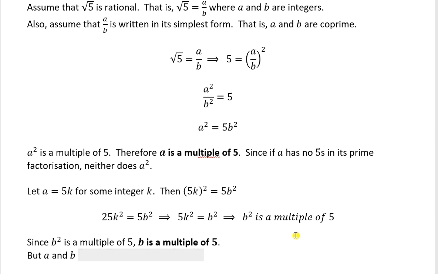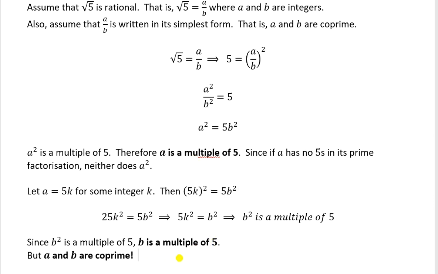Or we can just say a and b are coprime. However we want to say it, we are flagging up the fact that this claim has been thrown out entirely by the contradiction that has just become apparent. A is a multiple of 5, and b is a multiple of 5, but a and b are coprime.